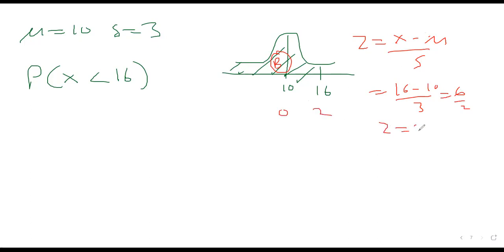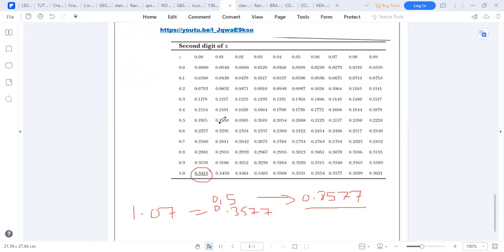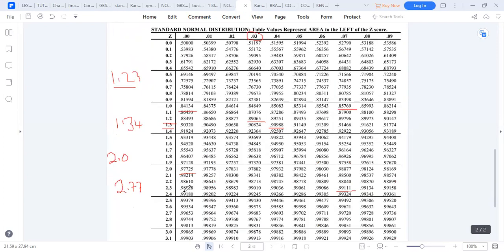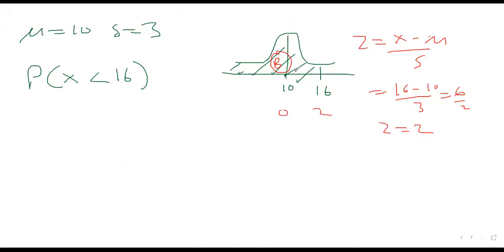When you check inside the table, the reading for 2 in here will give you 0.4772. But if you go to this other table, when you read under 2, it is 0.9772. So the reading from here to here is 0.9772.